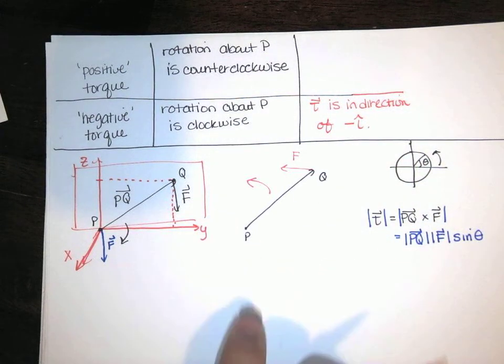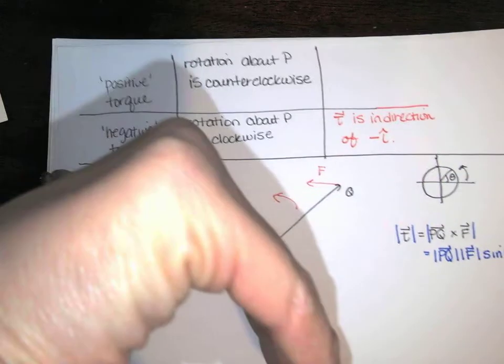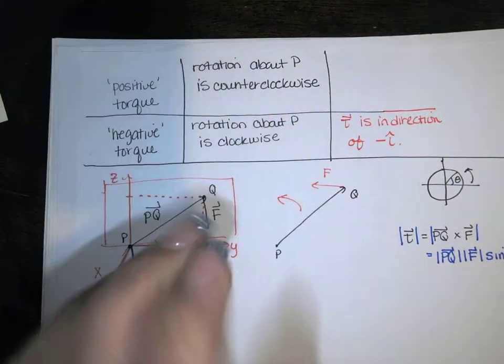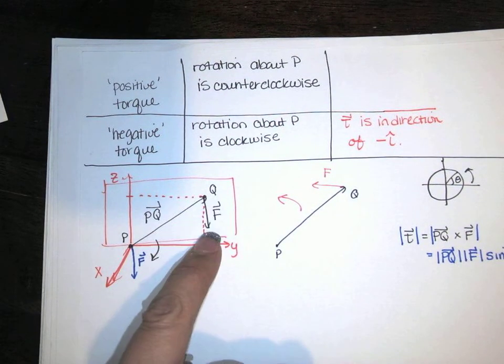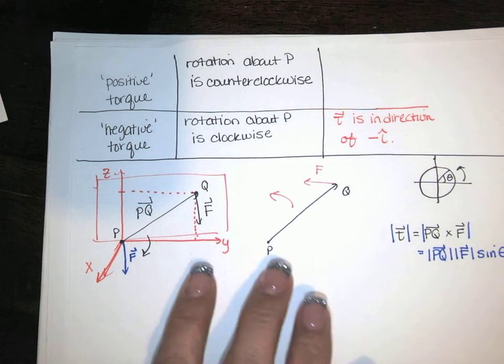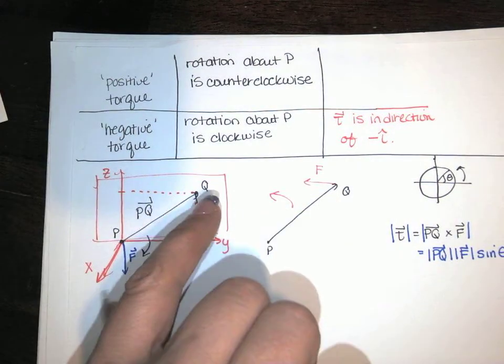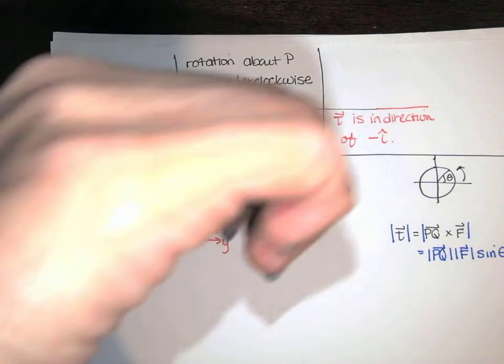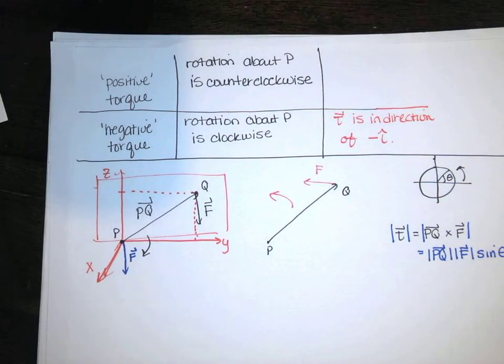And the direction is going to be given by the right-hand rule. I'll point my fingers toward PQ, wrap them toward F, and if I'm thinking of this plane that contains PQ and F as the YZ plane, if it rotates in the clockwise direction, torque is in the direction of negative i hat.